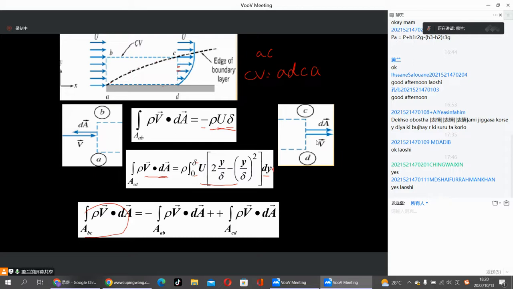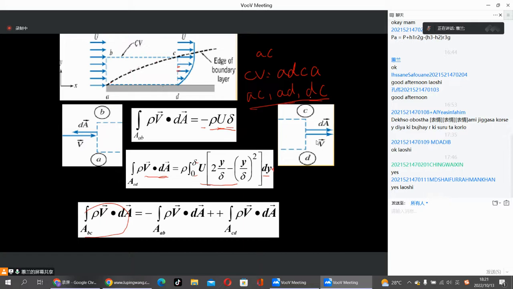What does it mean? A control volume can be any kind of shape you like. It's up to you. You can choose a control volume by your wish. So the control volume is ADCA, and the control surface will be AC, AD, and DC, right?